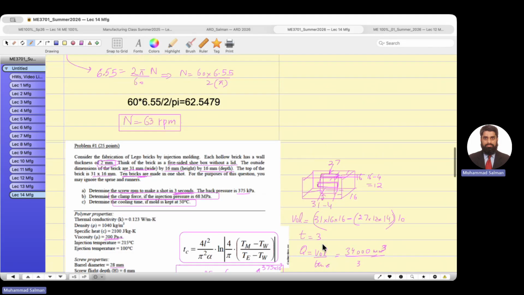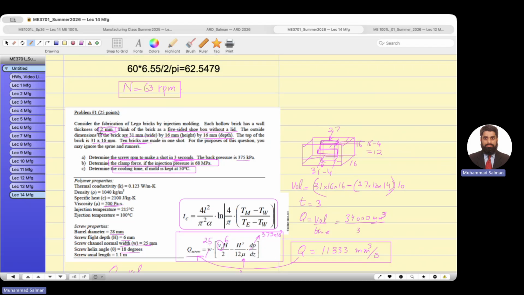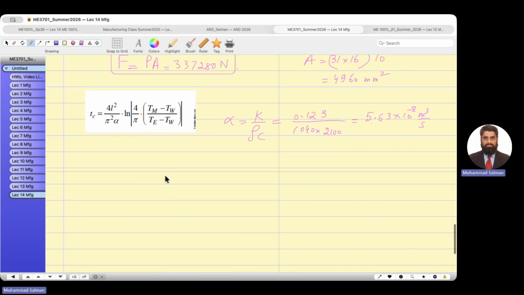So the question states the thickness is 2 millimeter. If this thickness is 2 millimeter, which is 2L, then L equals 1 millimeter. Agreed?